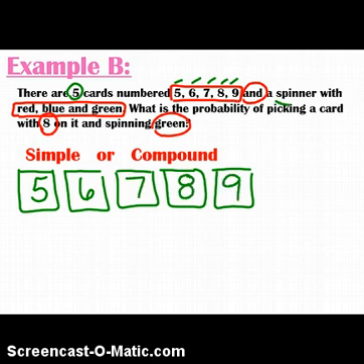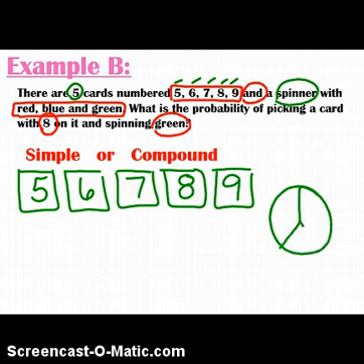And then I have a spinner. And my spinner is going to be red, blue, and green. So if you're not sure how to do a problem, then I suggest you draw a picture of what's actually happening. It's a lot easier that way.